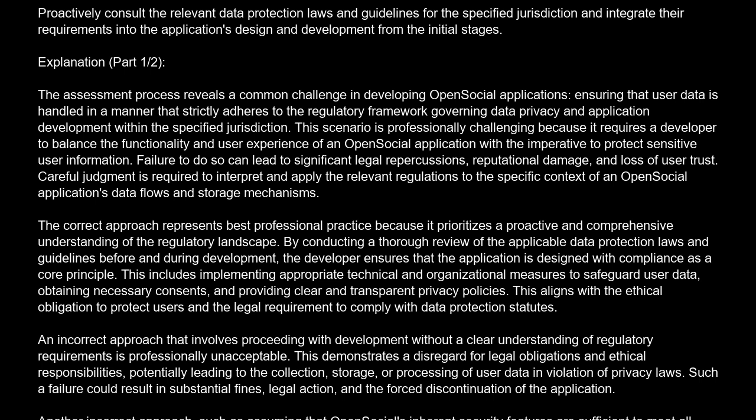Failure to do so can lead to significant legal repercussions, reputational damage, and loss of user trust. Careful judgment is required to interpret and apply the relevant regulations to the specific context of an open social application's data flows and storage mechanisms.